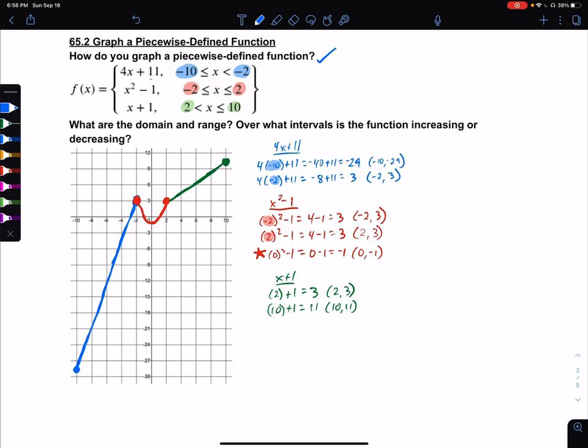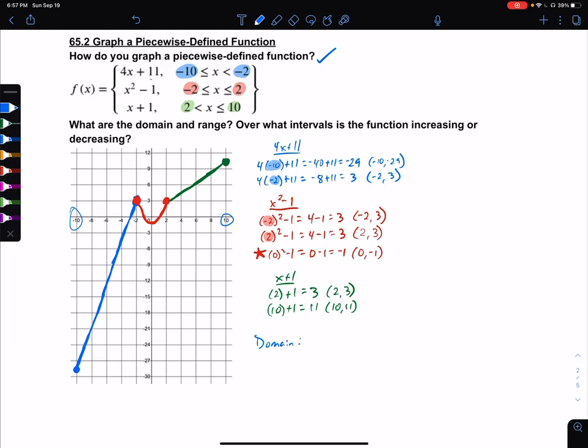The domain, we're looking for our minimum and maximum, right? So there's going to be the smallest number we have, which in this case, if we're looking left, is negative 10. And then a largest number, which in this case would be 10. There's no breaks in our graph, right? Every number is accounted for.